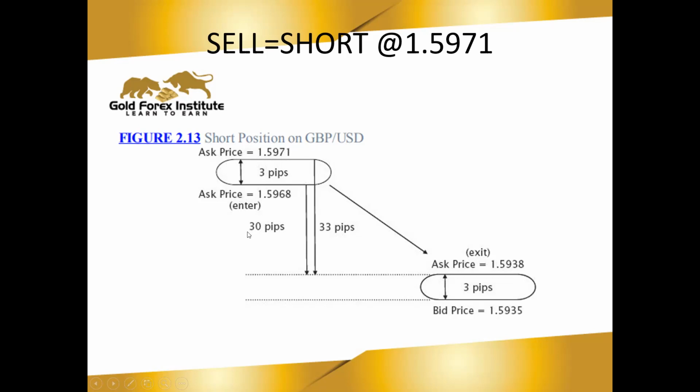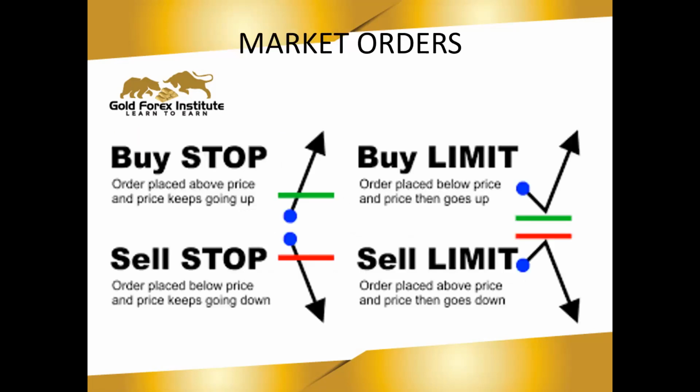Good. And now you want to make 30 pips, so it will now be 33 pips because of the spread. So ask price is equal to this, bid price is equal to this. As simple as that. When we get to the practical, you understand those ones better.